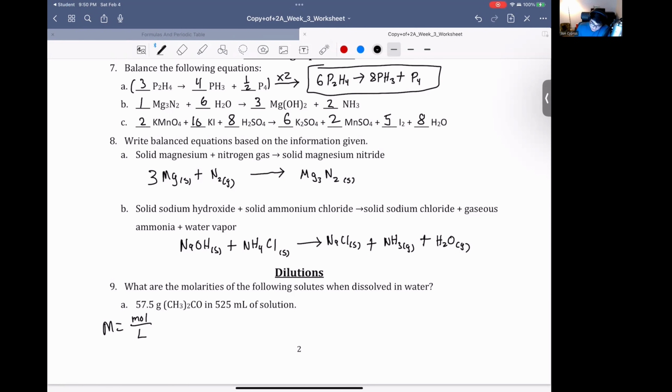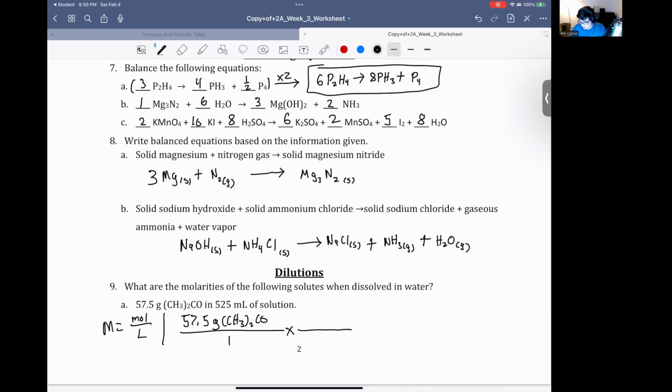So from grams to moles, 57.5 grams of this guy right here times, and then we're going to find the molar mass, right? So CH3, we have 3 of them. Pretty sure this is just acetone, actually. Yeah, so this is acetone. So we have 2 times the mass of CH3.